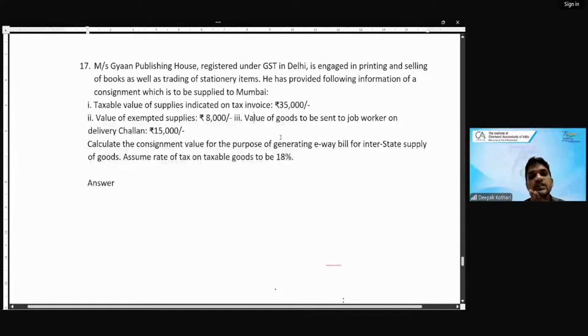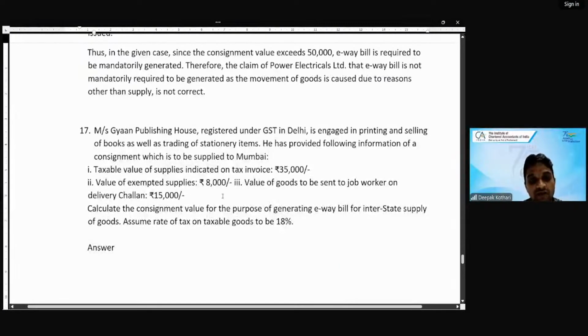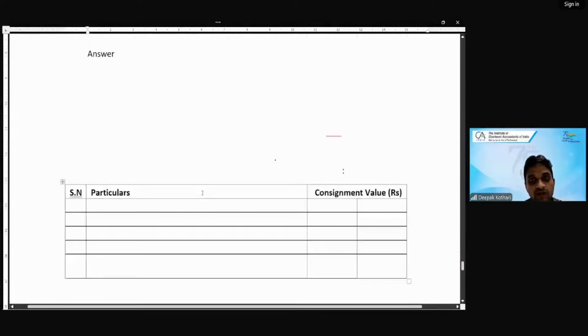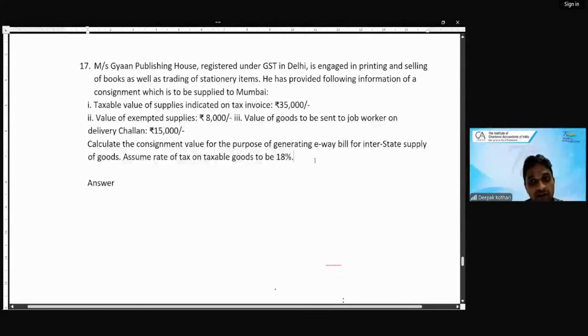Gyan Publication, registered under GST in Delhi, is engaged in printing and selling of books as well as trading. He has provided the following information: consignment, which is supplied. You will have to work this out, because this is a sum on e-waybill. Very rarely do you get a question on e-waybill.